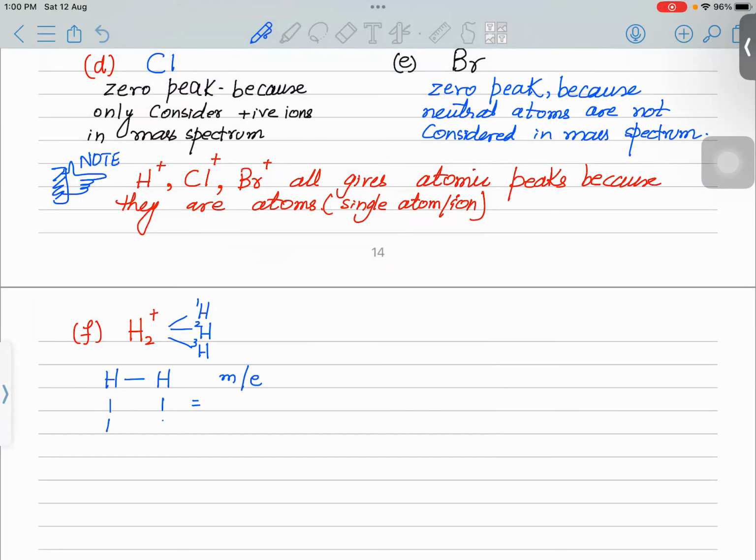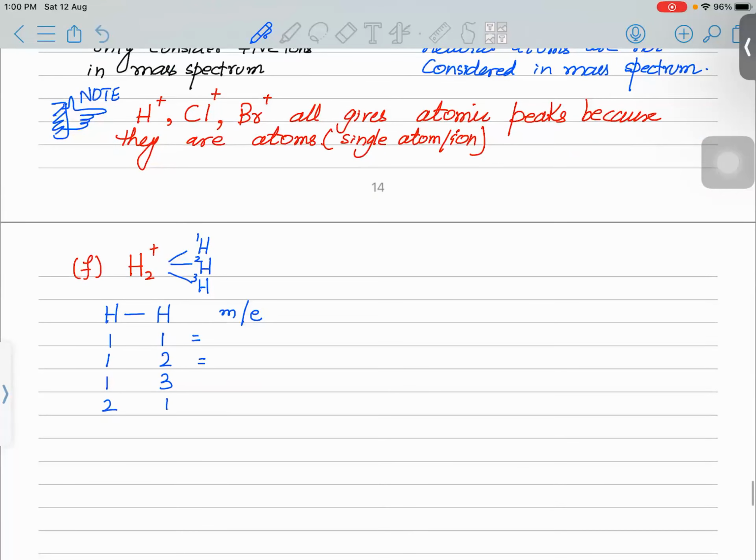Second combination is 1, 2, mass over charge ratio is 3. Then 1, 3; 2, 1; 2, 2; 2, 3; 3, 1; 3, 2; 3, 3.